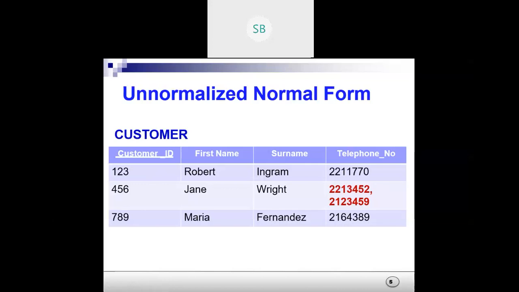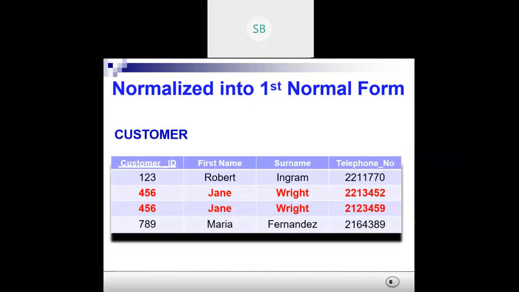But how do we normalize it to first normal form? This is the easiest one. First normal form is the easiest one. What we do is repeat the row, and all the values in the row are the same, but the phone number is different. So this is how we divide it and convert it into first normal form.